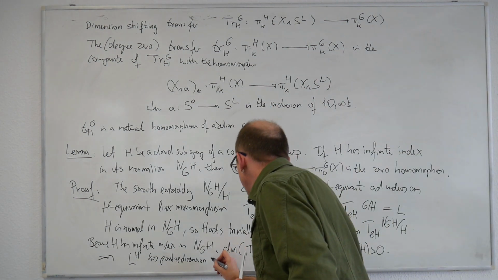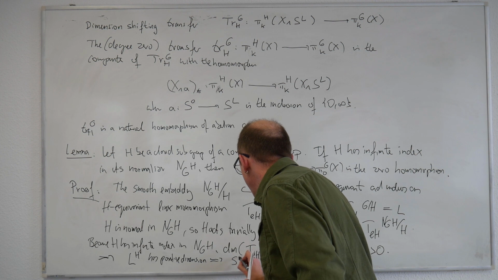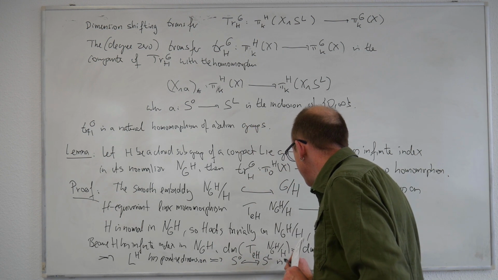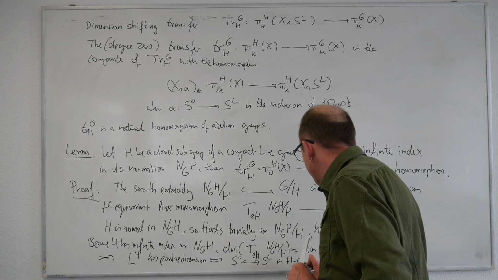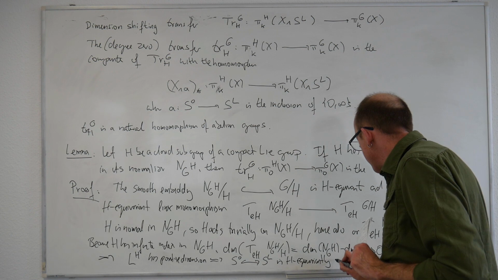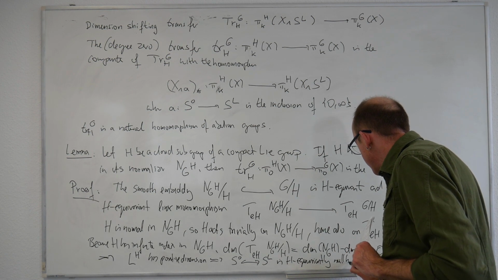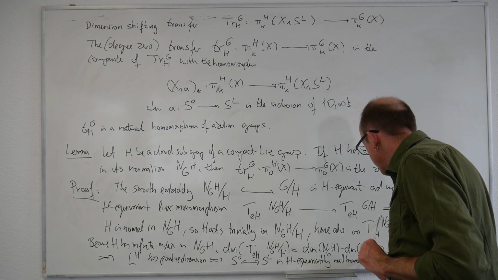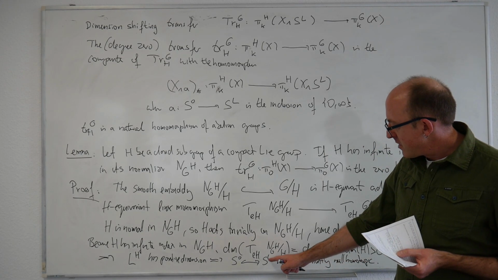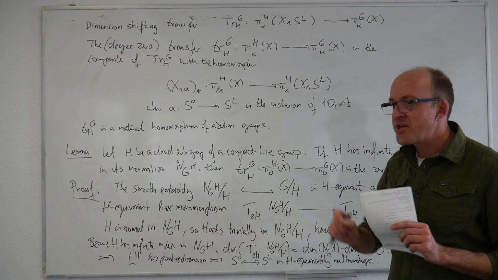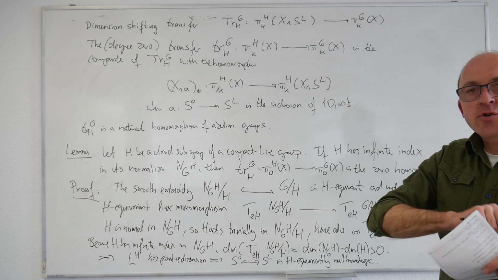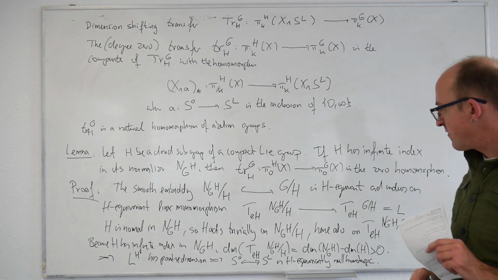So that means that the inclusion from S0 into SL is H equivariantly null homotopic. We just choose some non-zero vector in L that's fixed by H, and then you choose the ray that's spanned by this vector to homotope the point 0 to the base point at infinity.